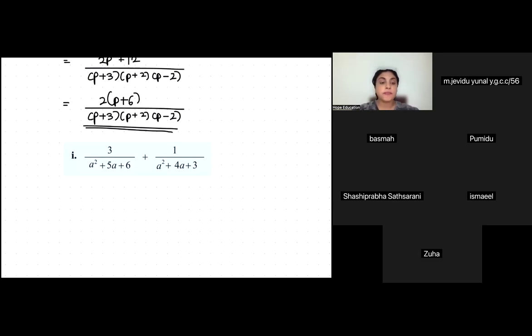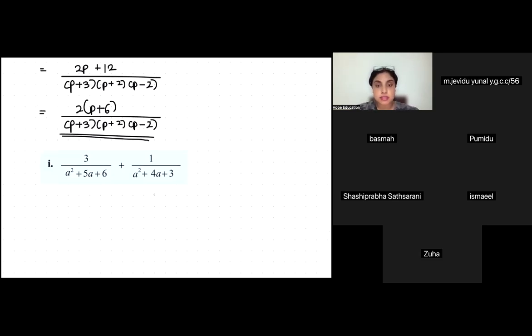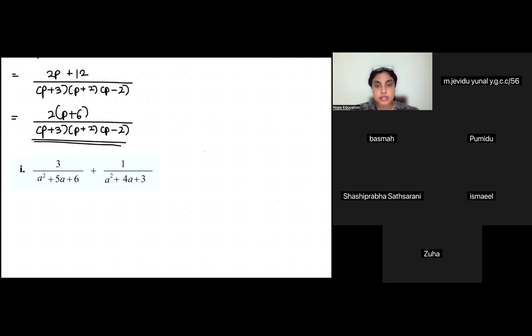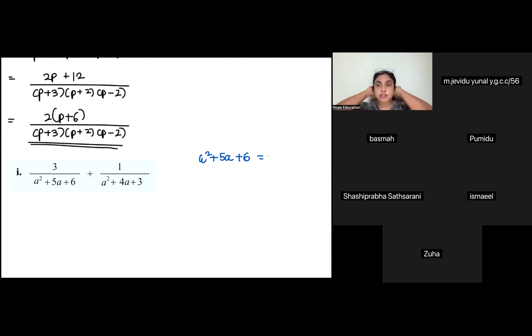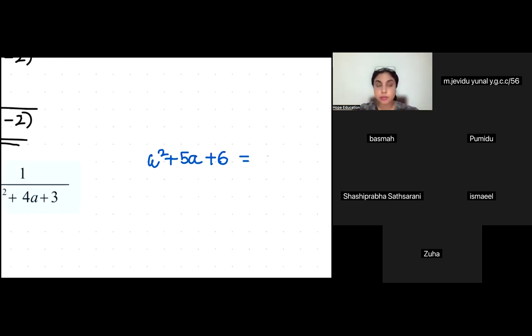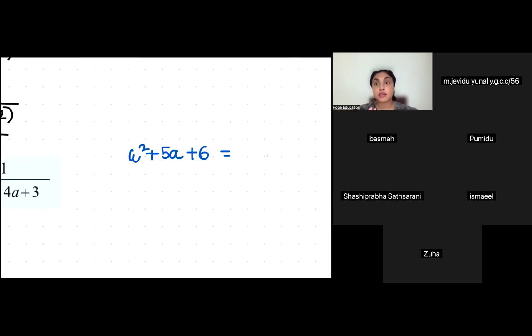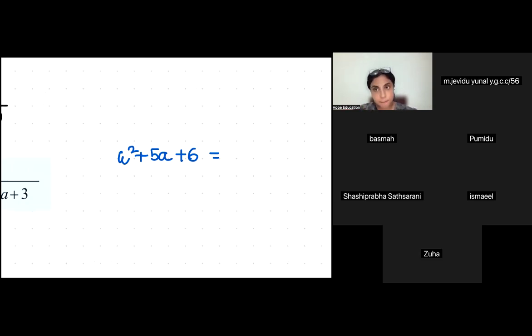So a squared plus 5a plus 6. Make it factorized. Again, I'm not going to teach you as I said previously, because this is something that we have been doing for quite some time. If any of you cannot understand or don't remember, record.